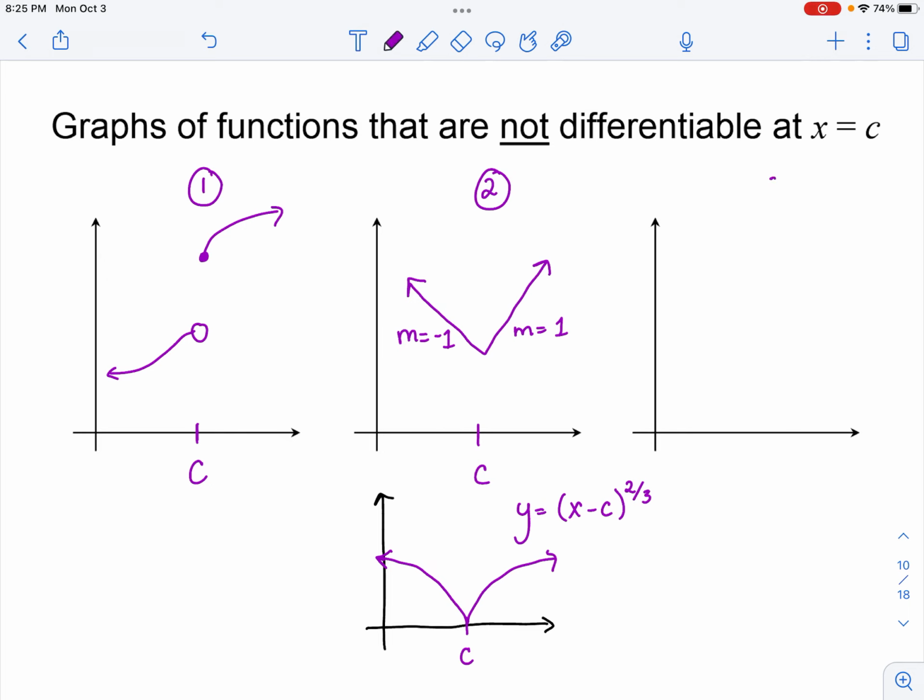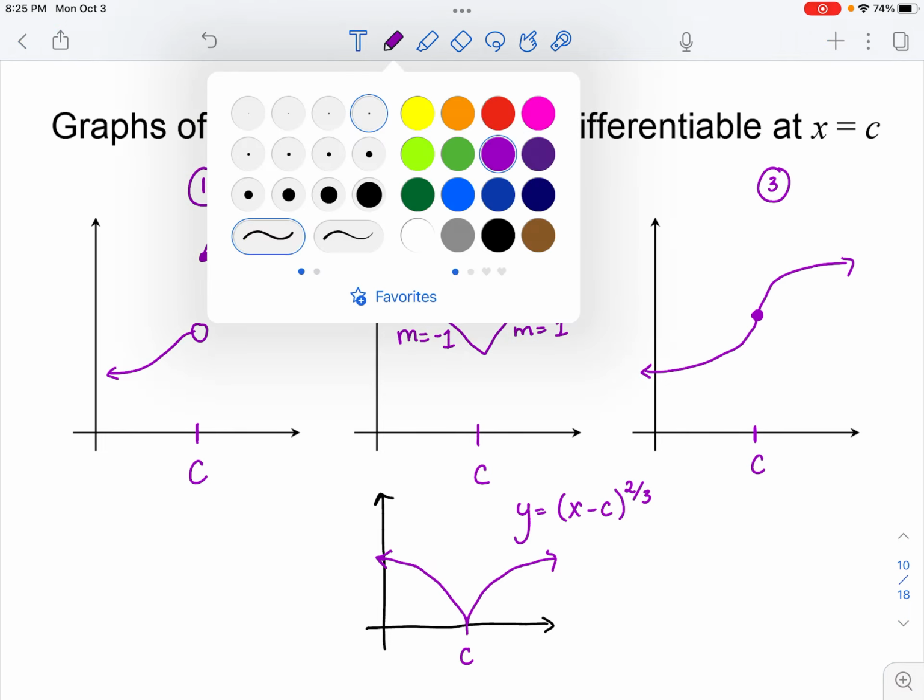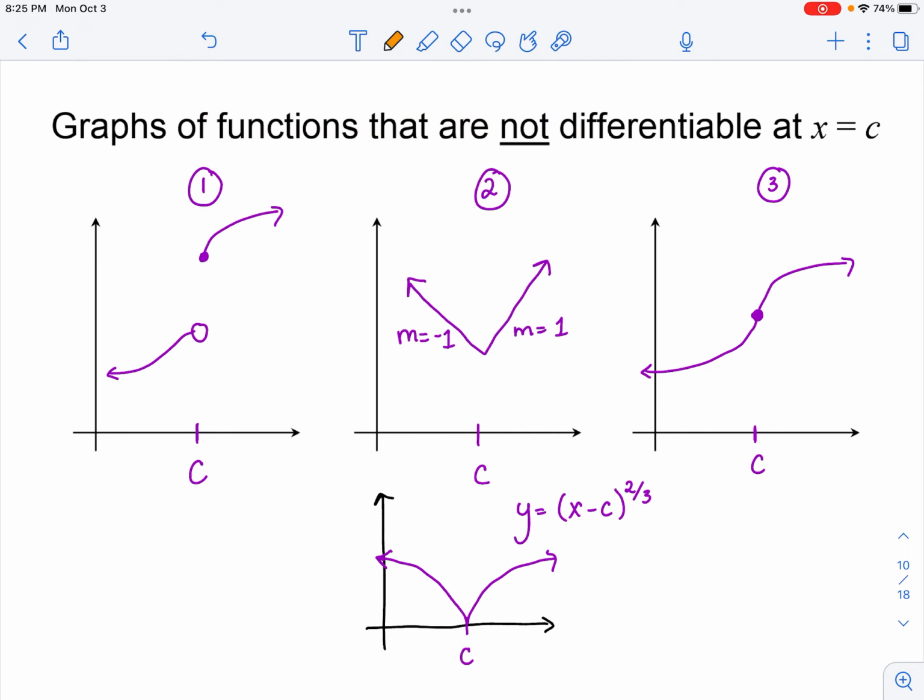All right, and then what about case number 3? Well, case number 3, an undefined slope. So here's an example of what that could look like. A cube root function. At this point right here, the function is continuous, the function is defined, meets all the things for continuity, but if I were to try to draw a tangent line there, it would actually end up being perfectly vertical.